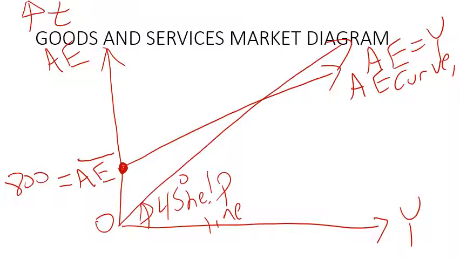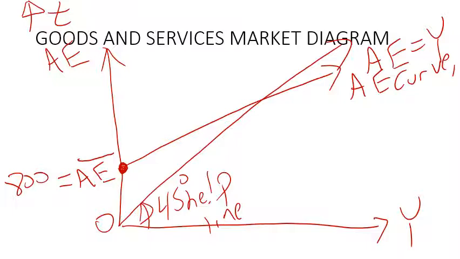So once again, what's the meaning of autonomous aggregate expenditures? Well, first of all, it's the addition of autonomous C plus autonomous I plus autonomous G plus autonomous NX. And autonomous means that it's not dependent on the fluctuations of the business cycle. It will remain the same.